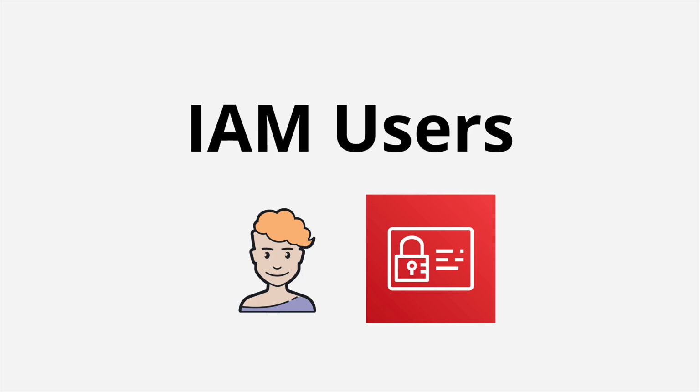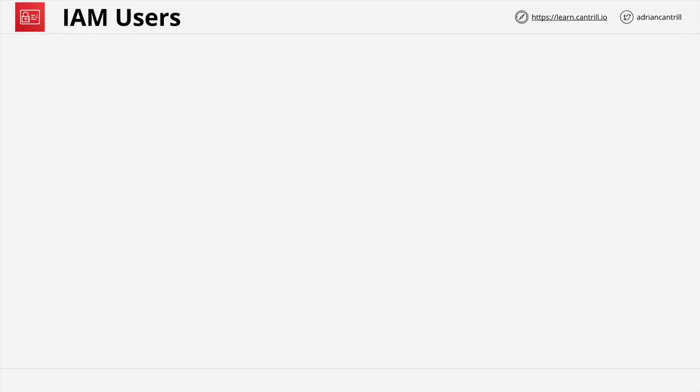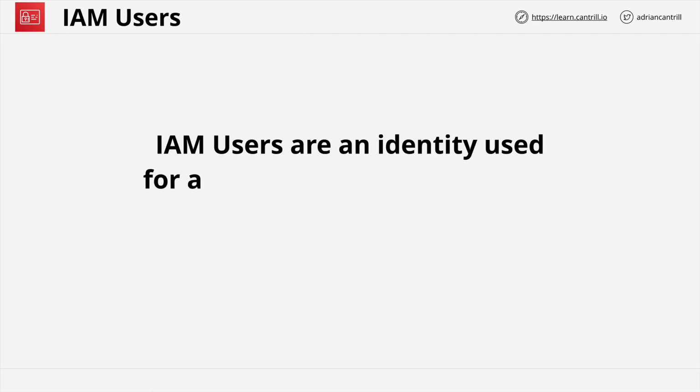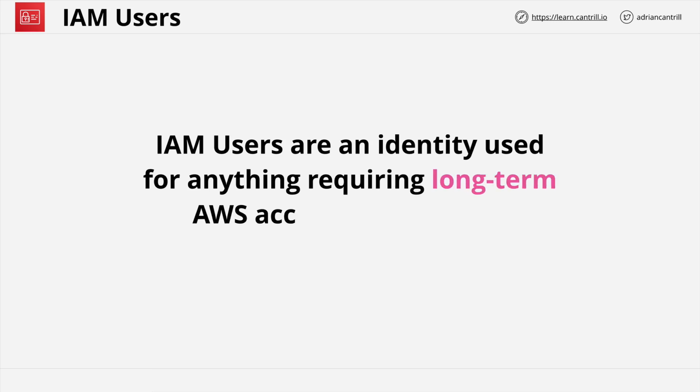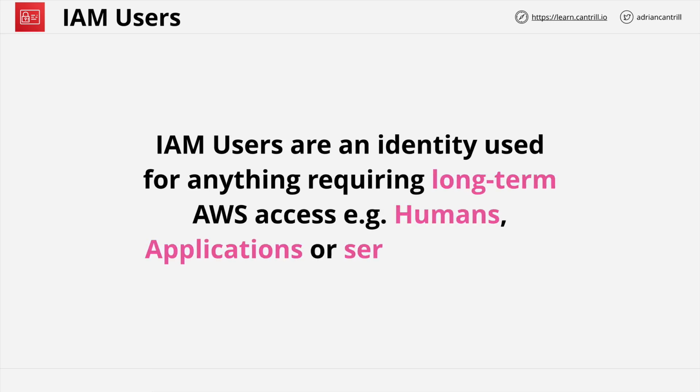So let's get started. Now, before I go into more detail, let's just establish a foundation. Let's use a definition. Simply put, IAM users are an identity used for anything requiring long-term AWS access. For example, humans, applications, or service accounts.